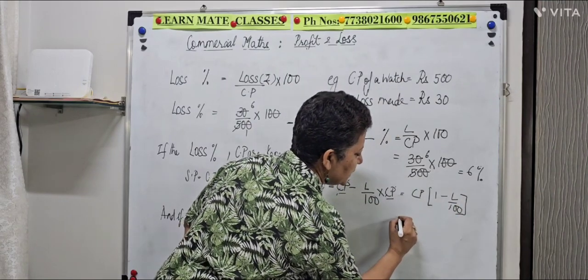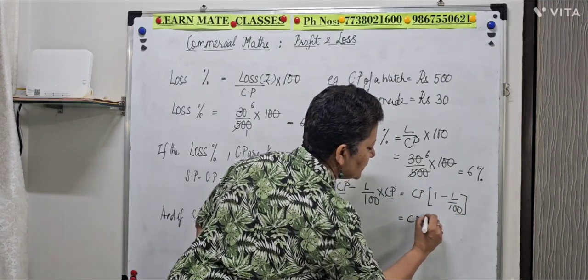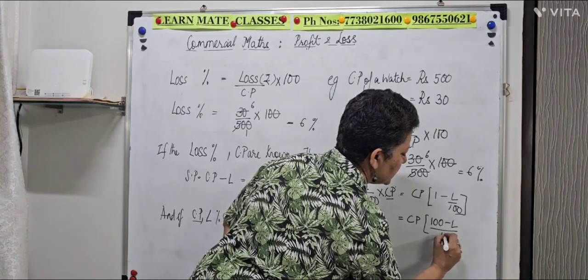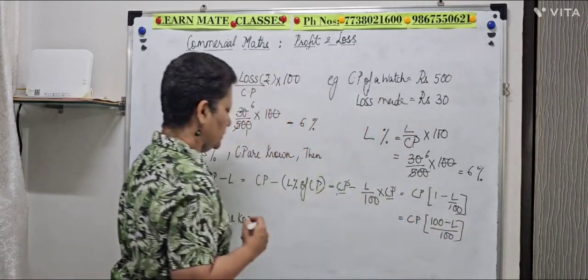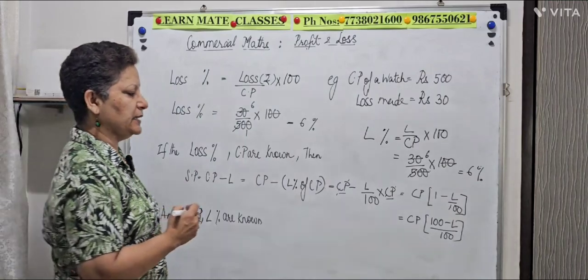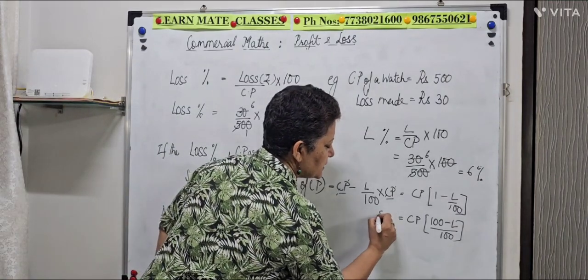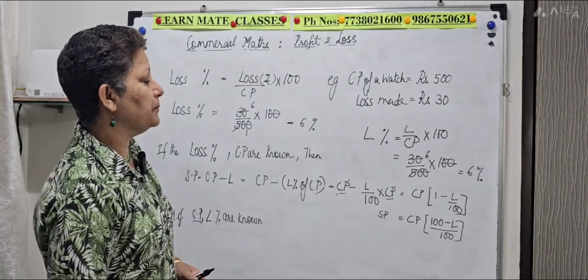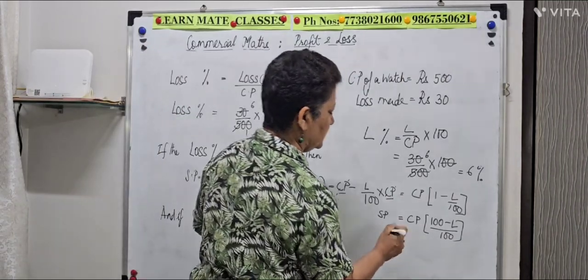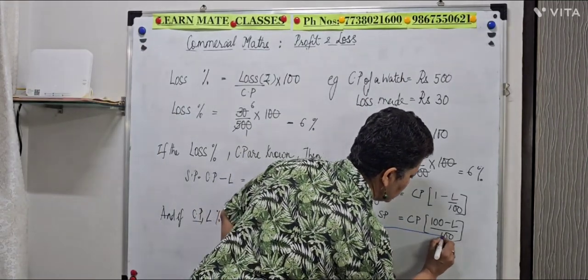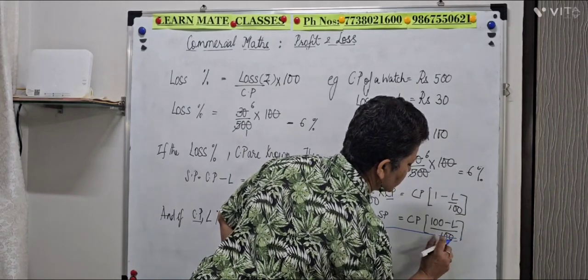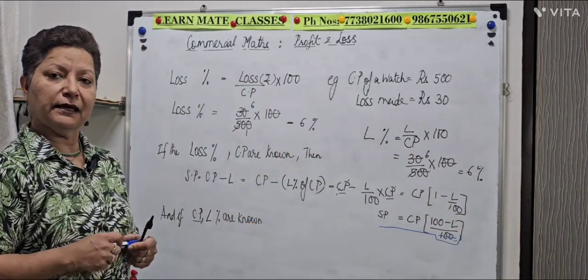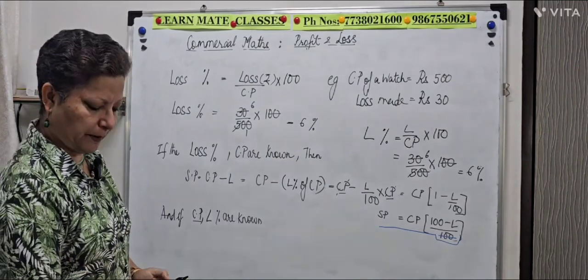So this formula becomes CP into 100 minus L upon 100. And what is this equal to? This is equal to the SP. So this is one more important formula: selling price is nothing but 100 minus L upon 100 into CP.